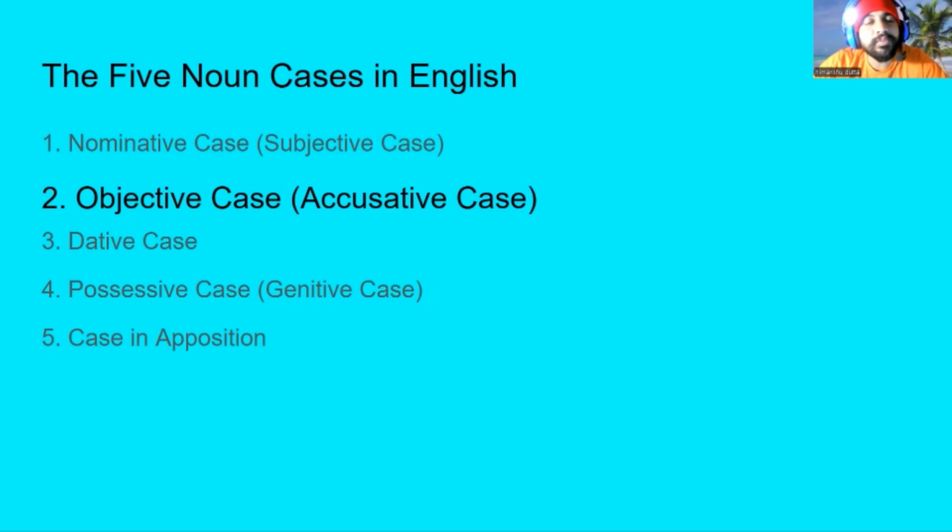These are all the positions of different nouns and pronouns. Whenever we use a noun or pronoun, it will have a certain position in the sentence. What kind of position the noun or pronoun is in will decide whether the case is nominative, objective, dative, or any of these 5 cases. So keeping that in mind, let's move further.